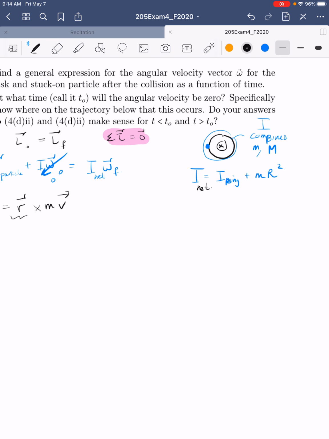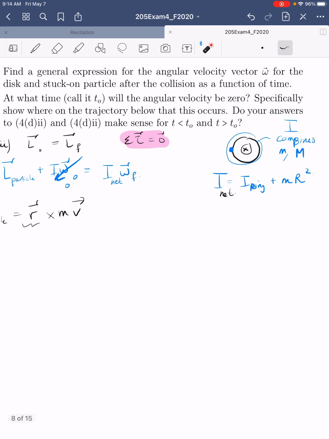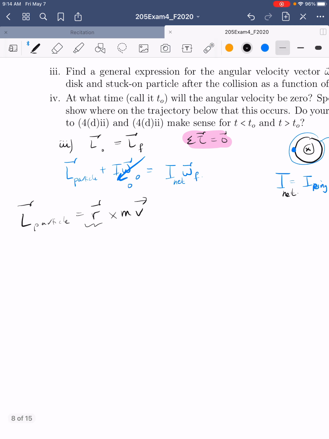Let's take a look. So the position vector, with respect to this origin wherever it happens to be, will be minus the outer radius in the x hat direction. So my new r vector is minus r x hat.